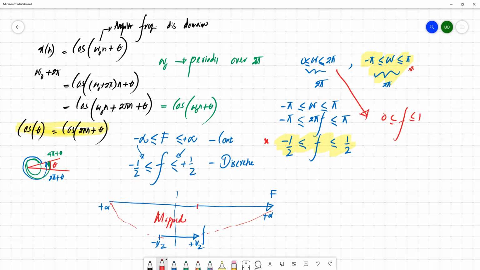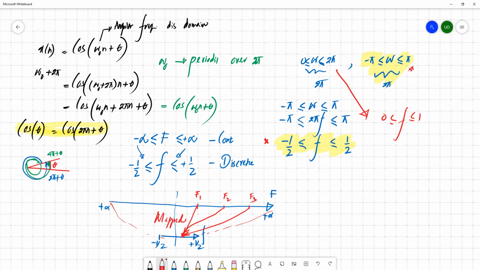What I want to highlight here is there may be multiple frequencies in continuous domain mapping to the same discrete frequency. We'll go one by one, then you may understand.